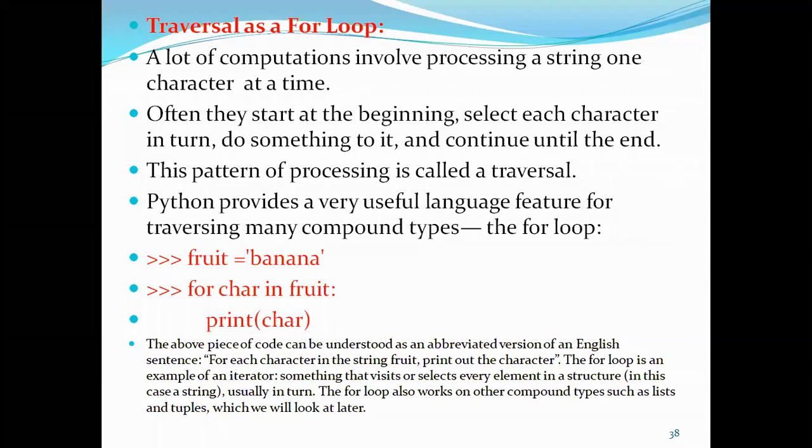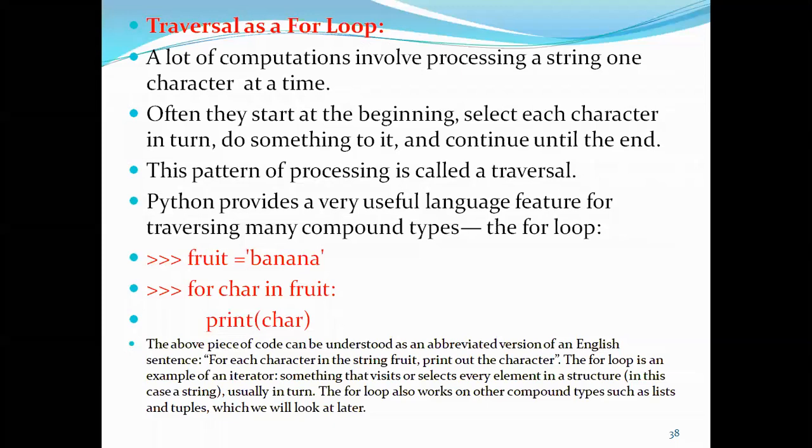The difference between traversal and searching is that traversal is visiting each and every element of the context at least once, while searching is directly looking for a value. So you start at the beginning, select each character in turn, do something to it, and continue until the end.